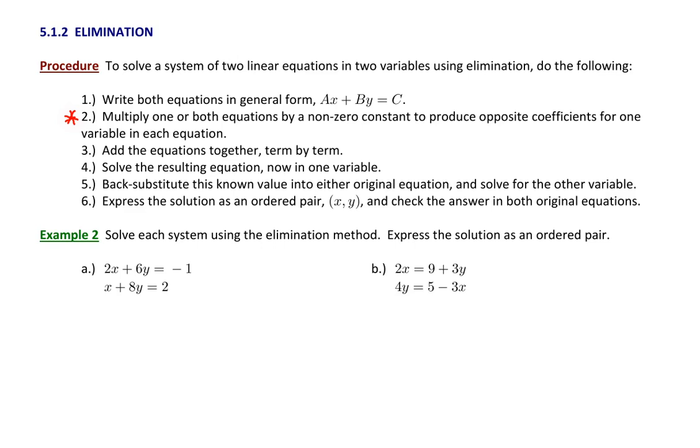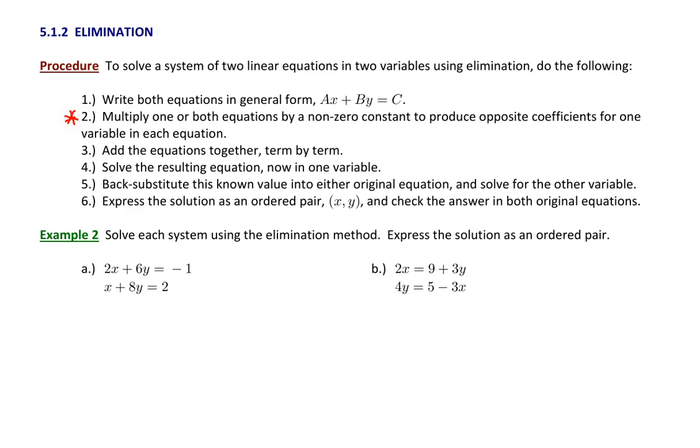Once that's taken care of, I'm going to add the equations together term by term. Now remember, one of our variables will at this point have opposite coefficients. So when I add them together, they're going to cancel out. So this is going to yield an equation in one variable. So number 4, we're going to solve that resulting equation in one variable.